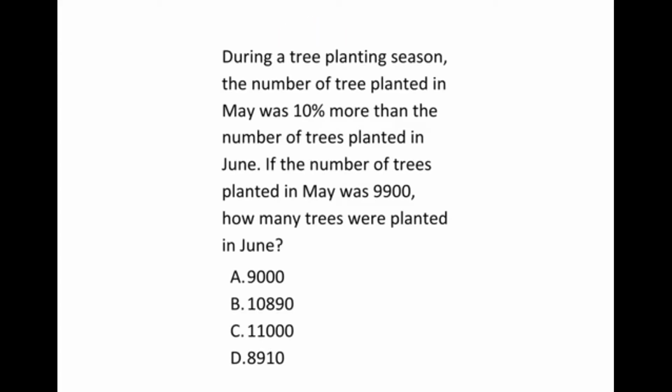We are told that the number of trees planted in May was 10% more than the number of trees planted in June. And then we are given the number of trees which were planted in May, which is 9,900. Therefore, the new percentage will be 100 plus this 10%.